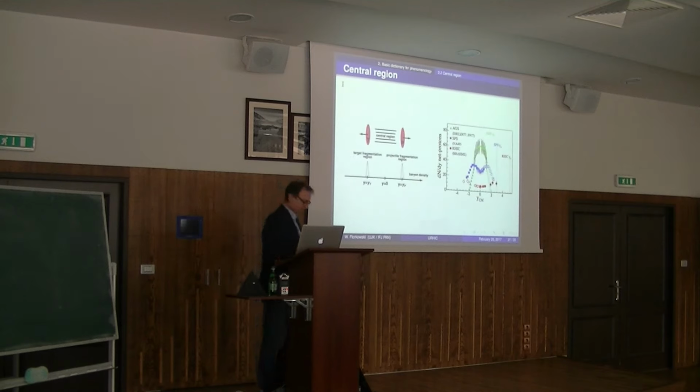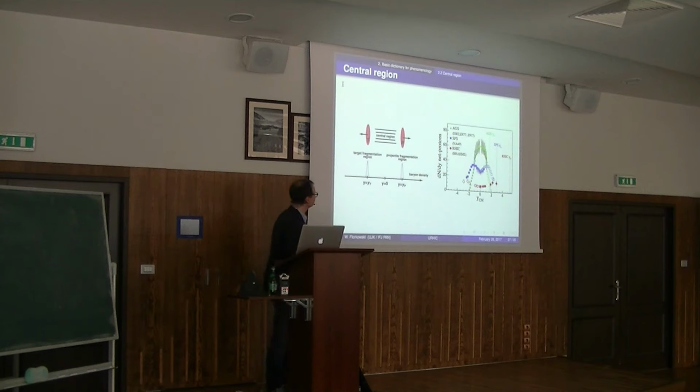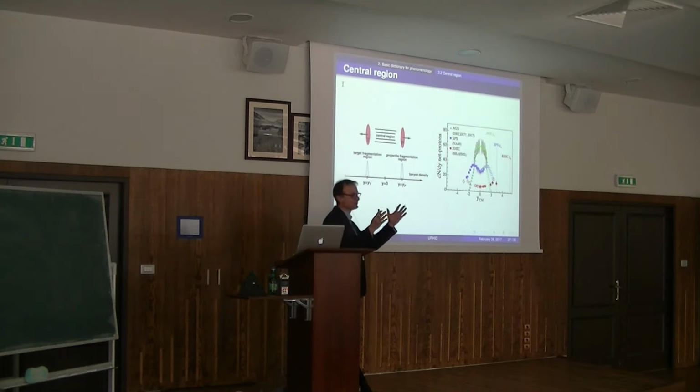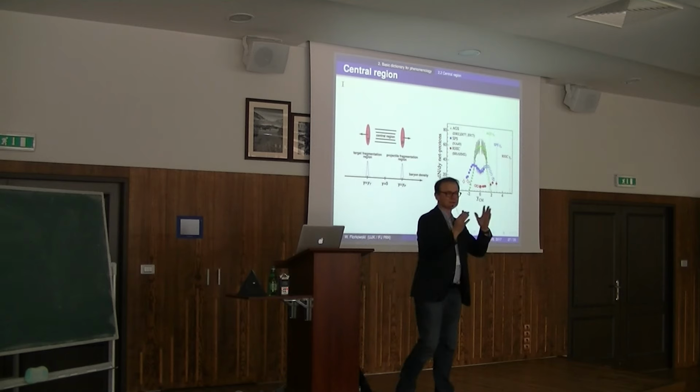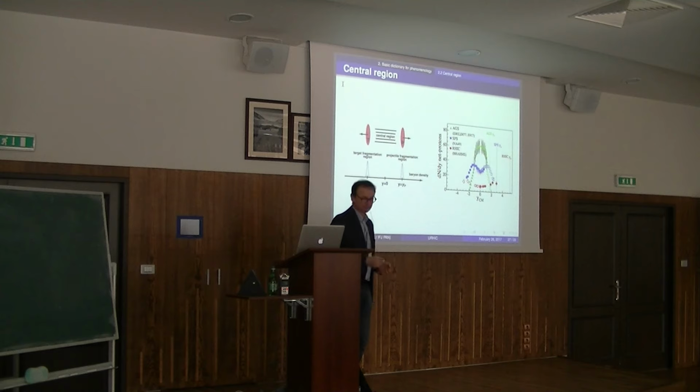What is also nice at high energy, and makes our life simpler and maybe boring from some point of view, is that if you increase the energy of the collision, the central region becomes more and more baryon-free.